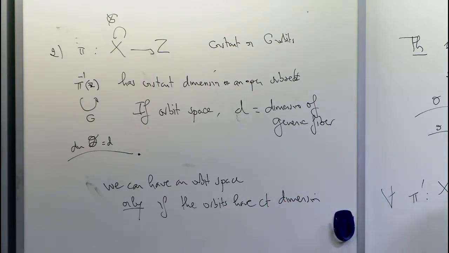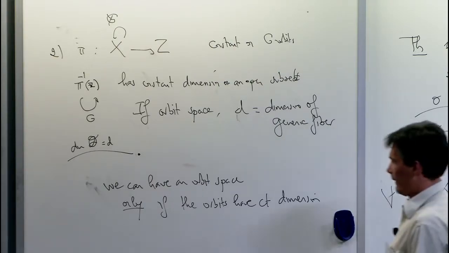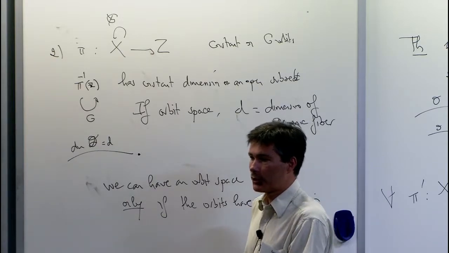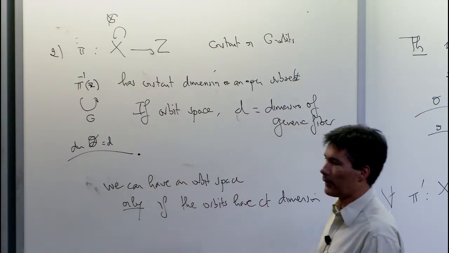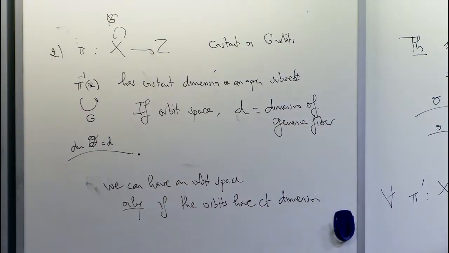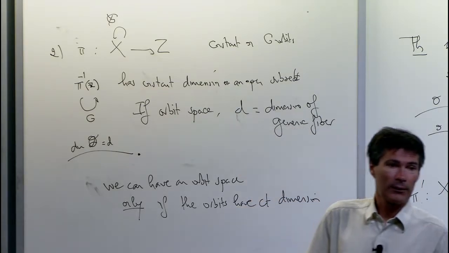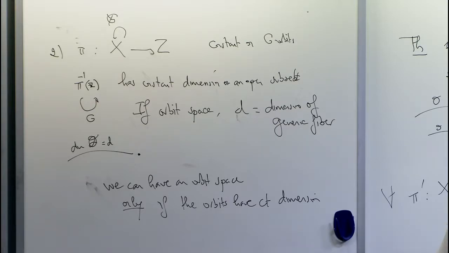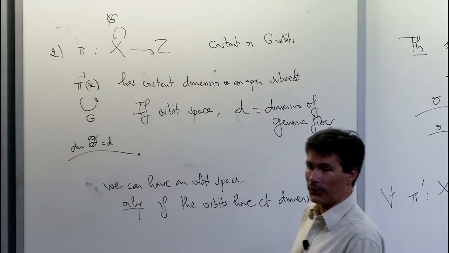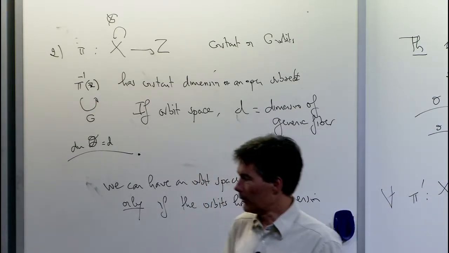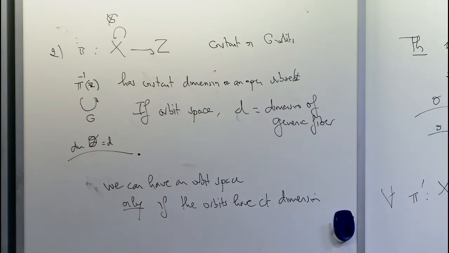This tells you that if you want to make a quotient, you have to get rid of all the orbits which are pathological in the sense that the dimension is smaller than the generic one. So an example is the determinant, because the determinant has some stabilizer which is bigger than the stabilizer of a generic polynomial. So up here, the determinant is something we would like to get rid of when we make a quotient.